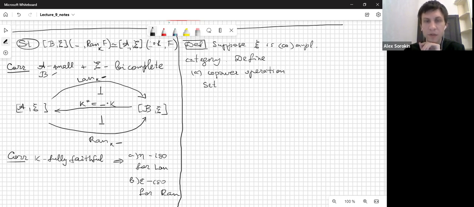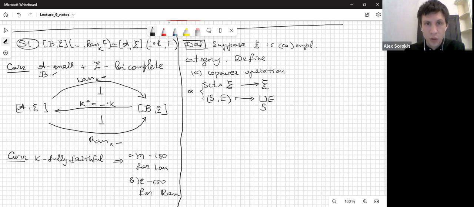So it's a bifunctor from set cross category E to category E, which takes a set S and an object E and maps them to the coproduct of E, S times. So many times how many elements are in S.